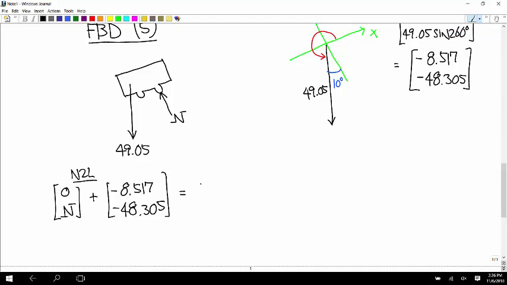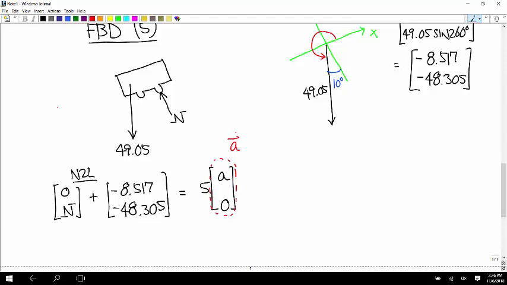And that's equal to the mass of 5 times the acceleration, which I said is always going to be a0, so that's easy. What are we trying to find here? We're trying to find a, and you can see, so this here is the acceleration vector.